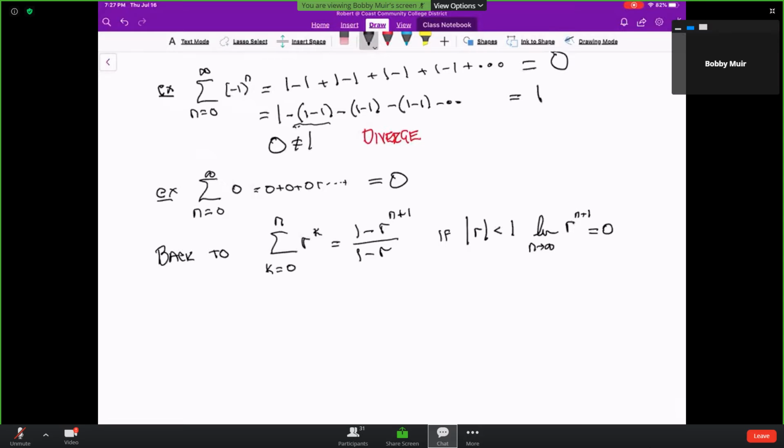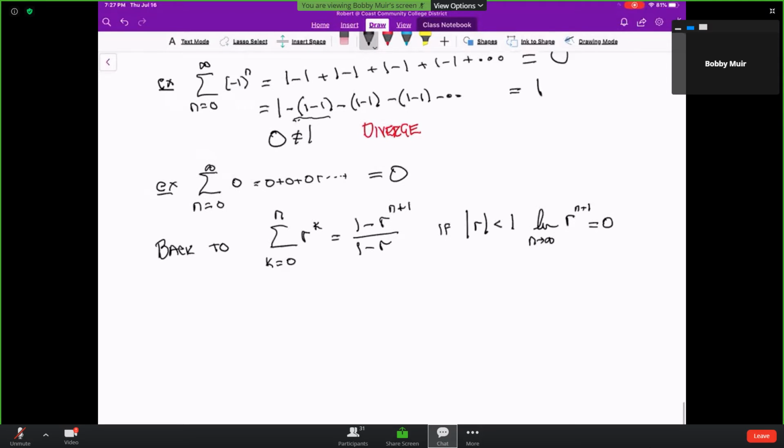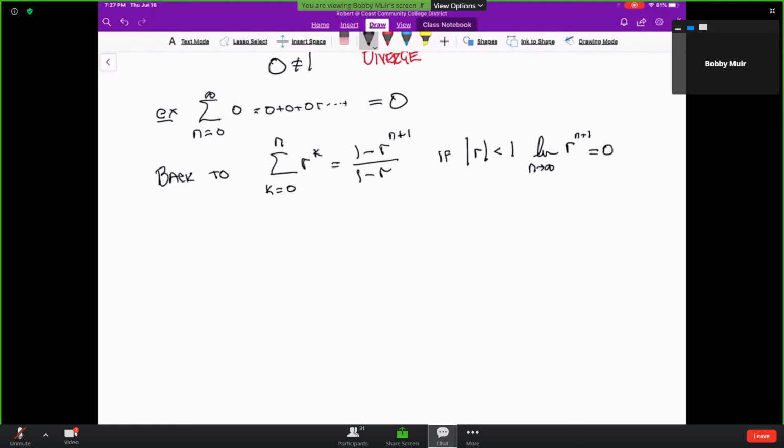Just think about it. Take a fraction like 2/3 and continue squaring it on your calculator. Eventually, it'll go so small that it'll go to 0. So with the magnitude of r less than 1, we can talk about the infinitely long series starting at 0 and going to infinity of r to the k.